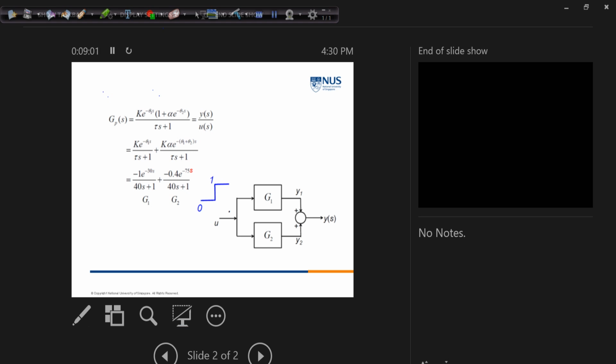We can use this parallel form to have U go through G1, and then U go through G2, where we get outputs Y1 and Y2, and sum them together to get the final output Y. So this is what we want to construct. And then the task just becomes how we construct G1 and G2, which are both first order plus time delay models.